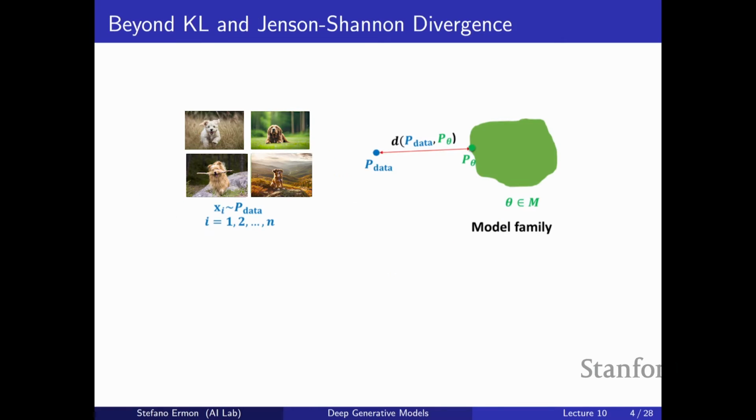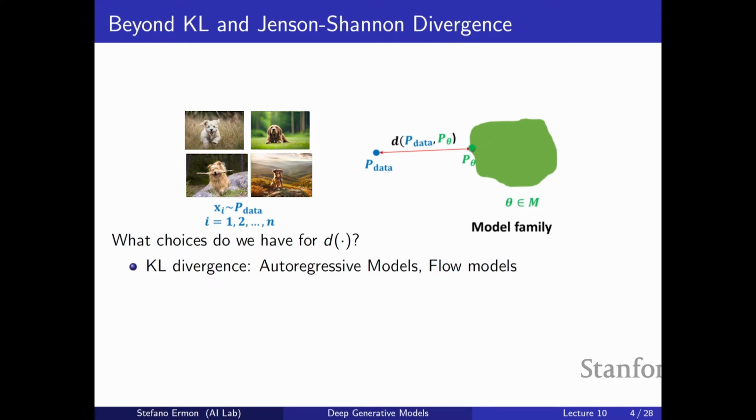All right, so first let's go back to the high-level picture. Remember that in the first part of the course, we were always choosing this divergence between the data and the model to be the KL divergence, which plays nicely with likelihood-based models. If you can evaluate probabilities under your model, comparing similarity in terms of KL divergence makes a lot of sense.